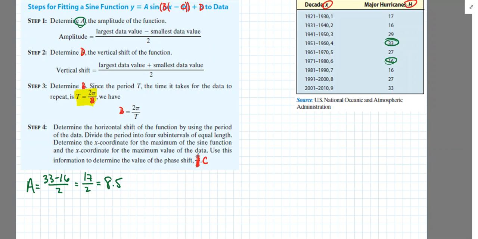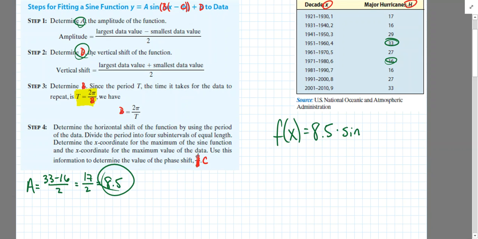And it appears that our amplitude, or our A value for this function, is going to be 8.5. So I'm going to start building that function over here now. The function appears to be 8.5 times sine, and we'll fill in the rest in just a moment.